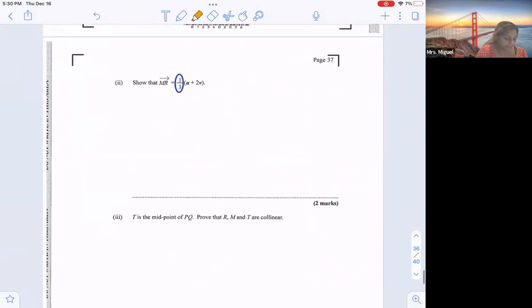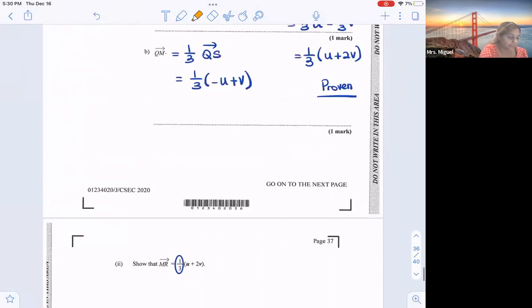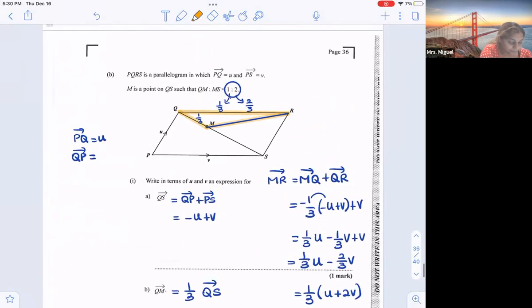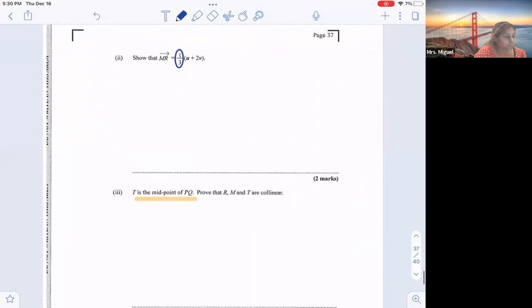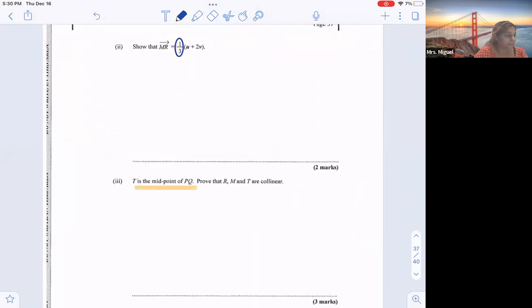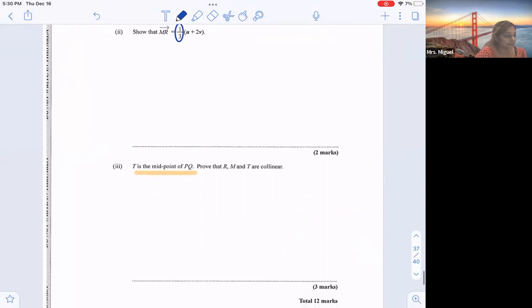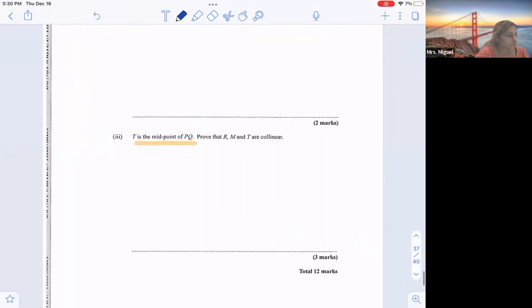So the last part, T is the midpoint of PQ, right? So T had to be here, and they want you to show that they are collinear. So to prove collinearity, remember we have to show one is a scalar multiple of the other.